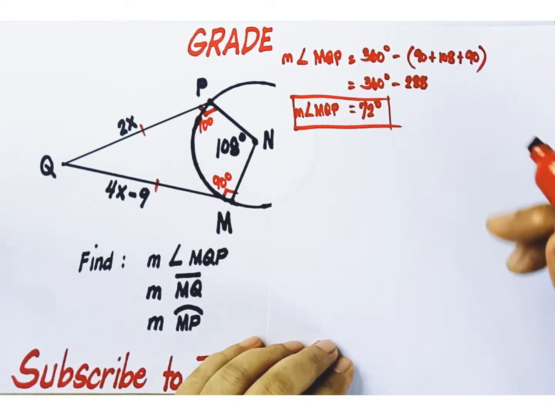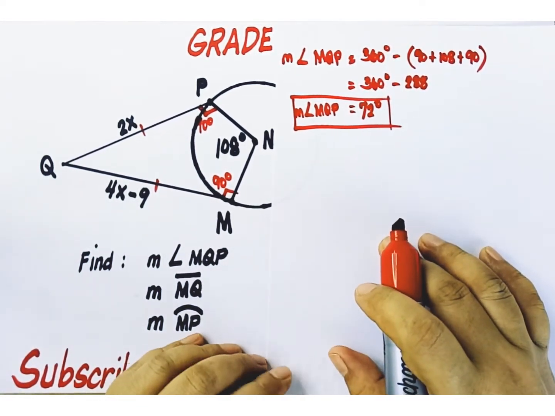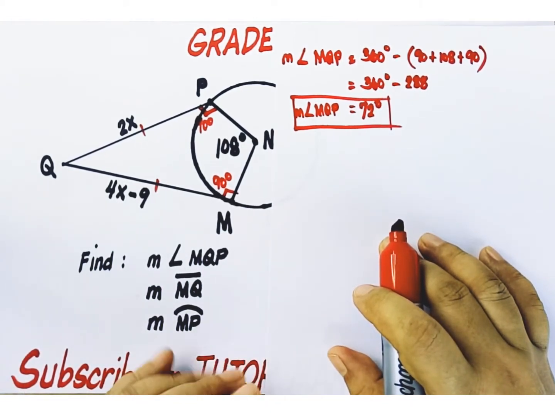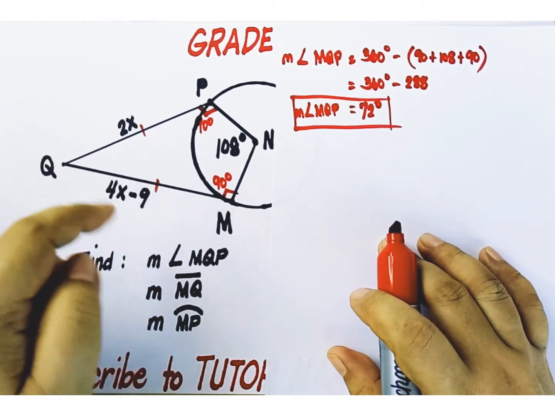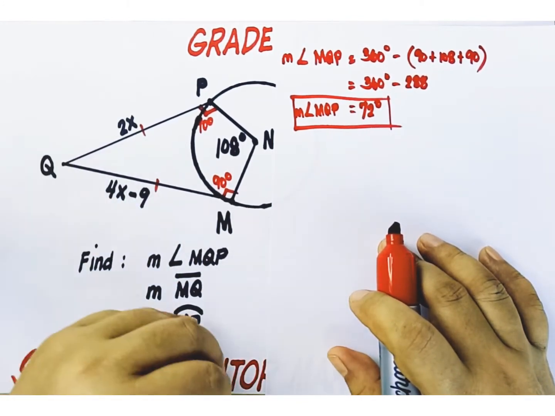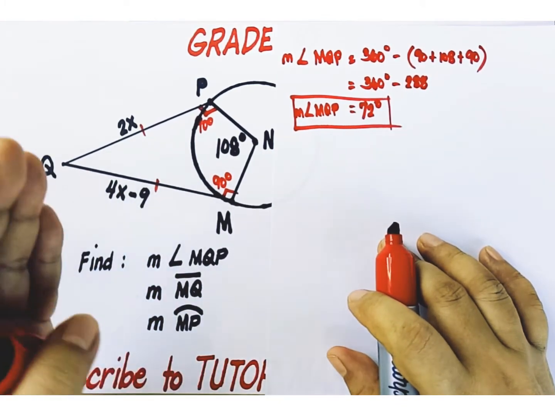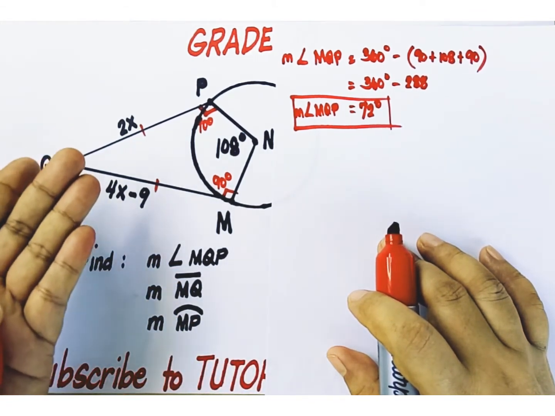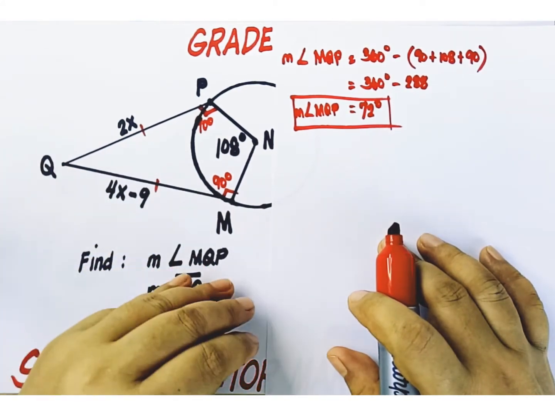Another way is by using the outside angles theorem. The outside angles theorem states that the measure of an outside angle formed by two secants, two tangents, or a secant and a tangent is always equal to 1/2 of the difference between the intercepted arcs.